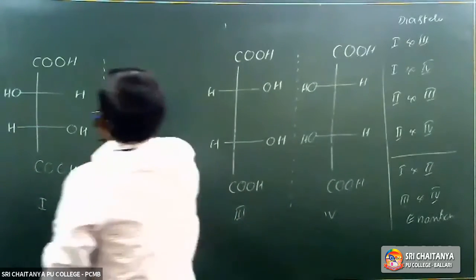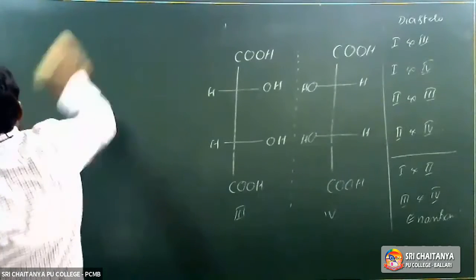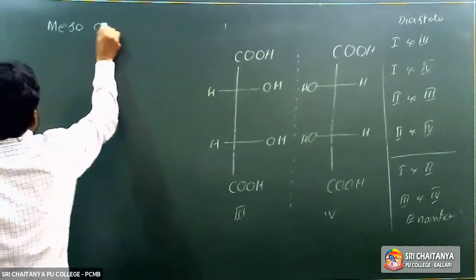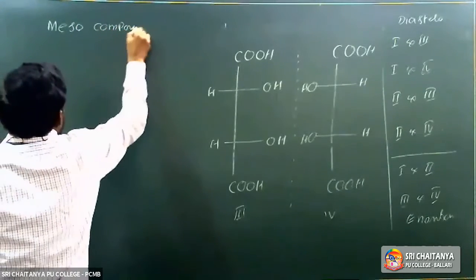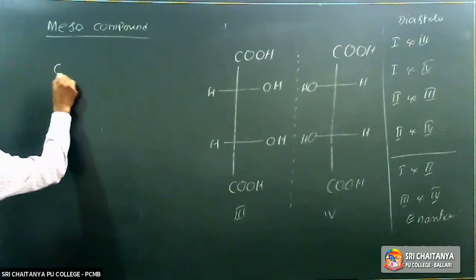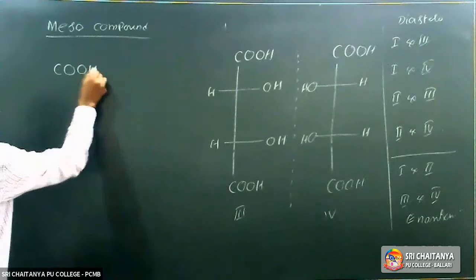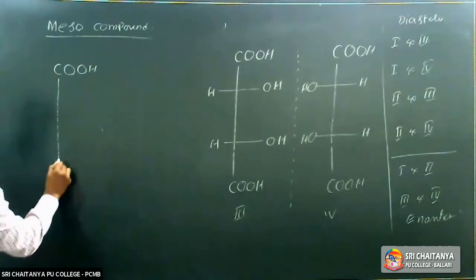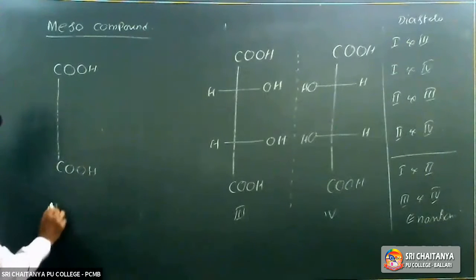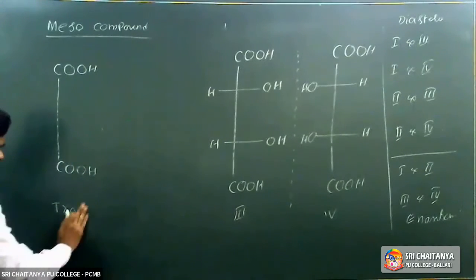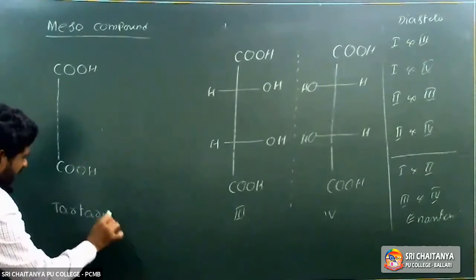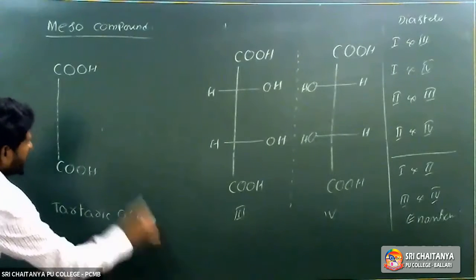What is the meso compound? Take tartaric acid, COOH. 2,3-dihydroxybutane-1,4-dioic acid is commonly called tartaric acid.